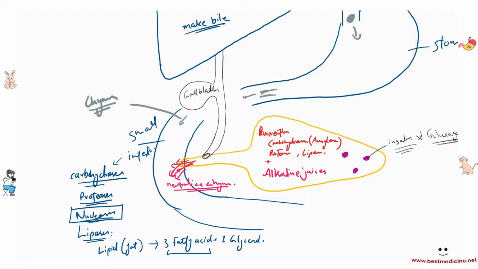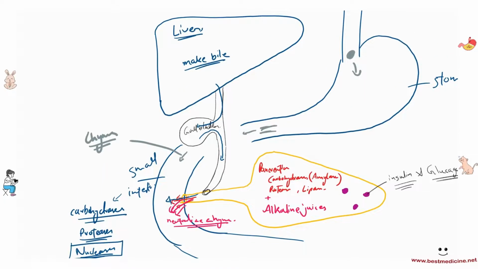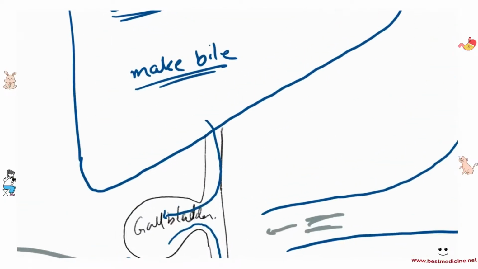Bile is made in the liver, but it is stored in the gallbladder until we eat some food containing fats. When we eat foods containing fats, then the gallbladder will release the bile into the small intestine through the pancreatic duct, and that will help break down the fats. So again, bile helps in emulsification of fats.